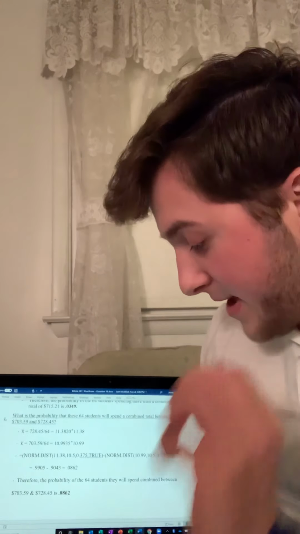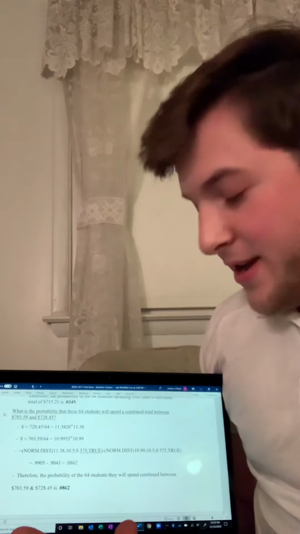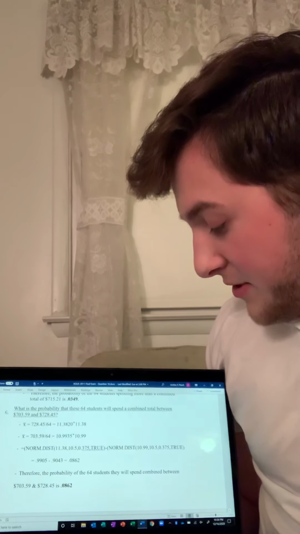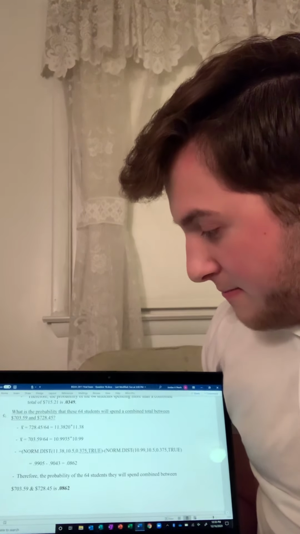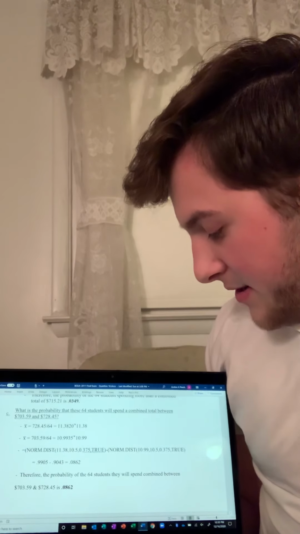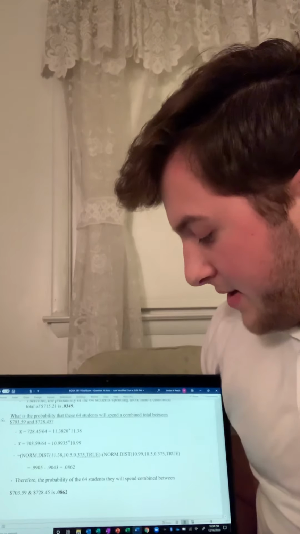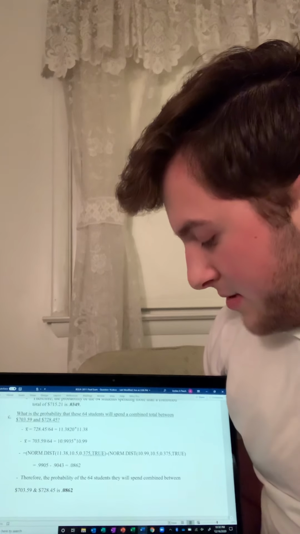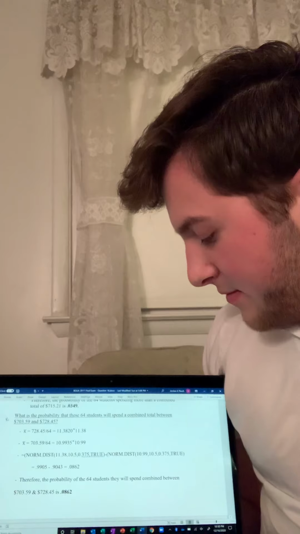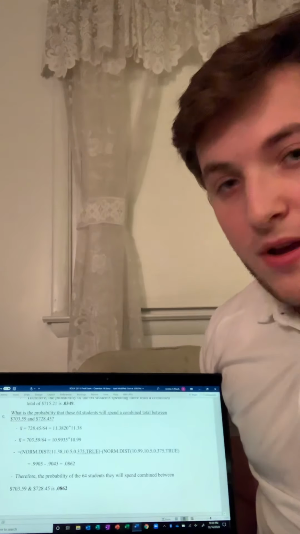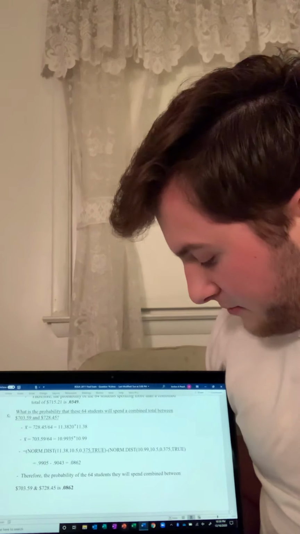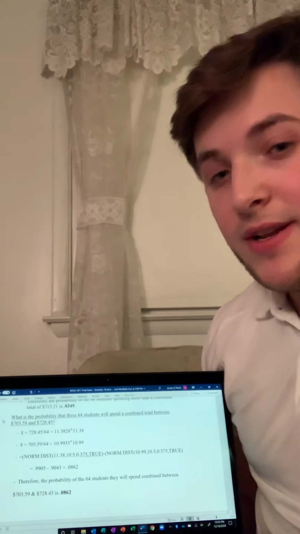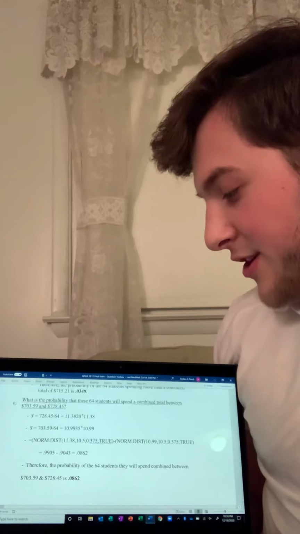And then we subtract that whole giant number by the normal distribution probability for $703.59. So we started with 10.99, which was the sample mean given that amount, and then 10.5, which was the original population mean, and then 0.375, which was the sample standard deviation, and again, true because it is cumulative.